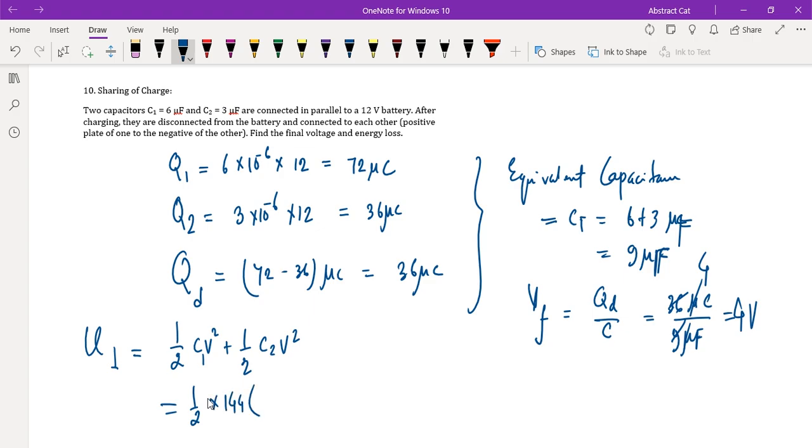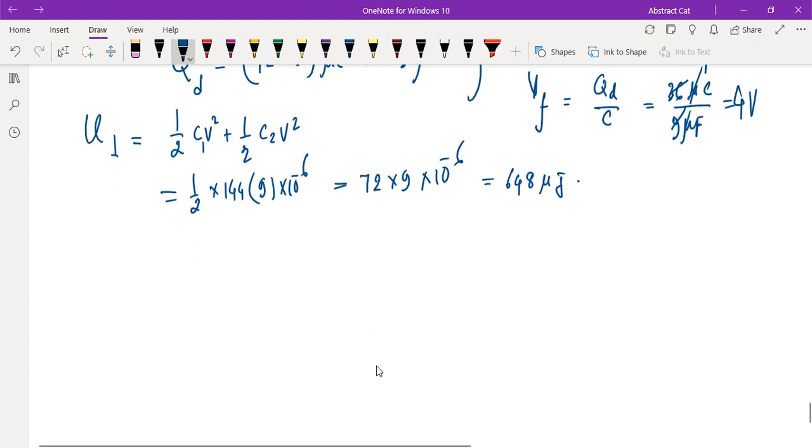So C1 plus C2, 6 plus 3, 9 into 10 to the power minus 6. So here is 72 times 9 into 10 to the power minus 6, so 648 microjoules.